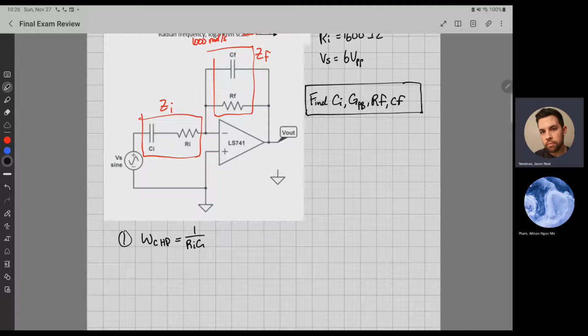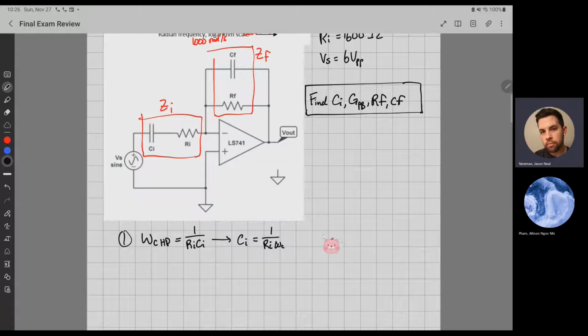If we want to solve for Ci, you just swap these two values: multiply both sides by Ci, divide both sides by omega CHP, and Ci is equal to 1 over Ri omega C. I'm not going to keep writing HP, but you get the point.